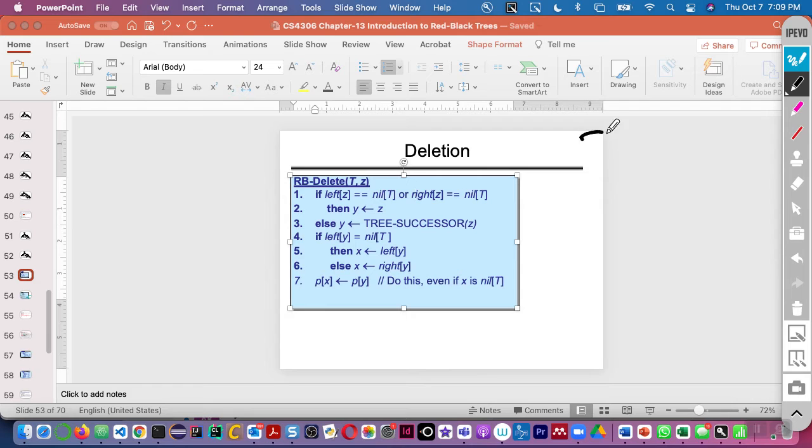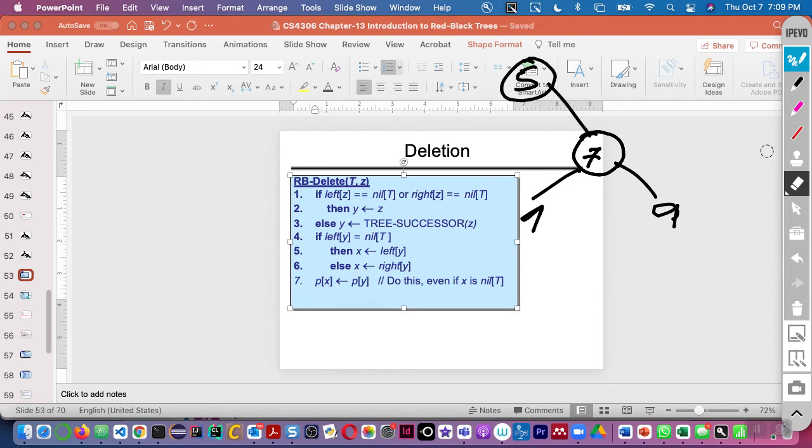For instance, if you want to delete something, 5, 7, let me make it 8, and then back is 7.